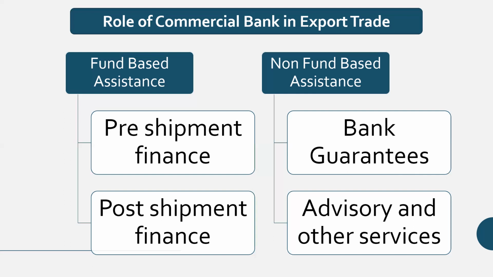Along with bank guarantees, what other services can they offer the exporter? The banks can collect the export proceeds from the importer and credit the same to the exporter's account. We spoke about a letter of credit, and generally about the exporter's bank and importer's bank. That role is also performed by them.